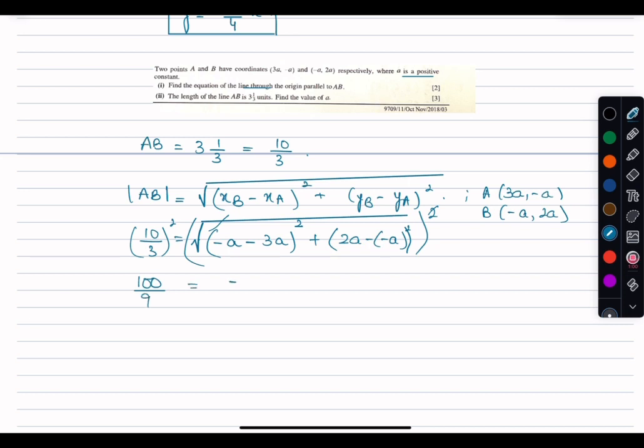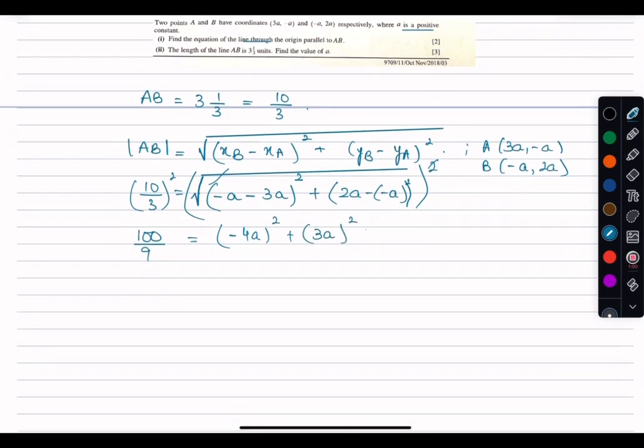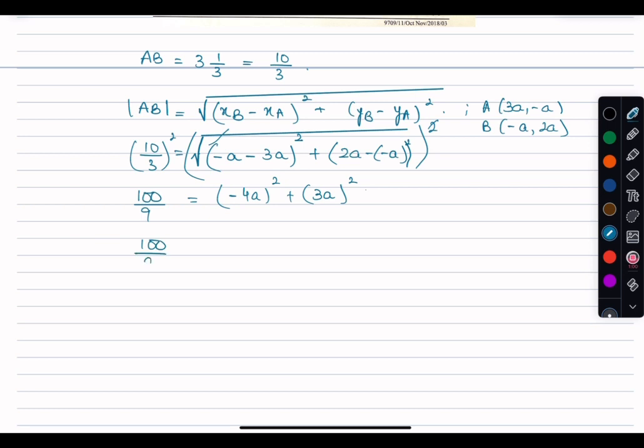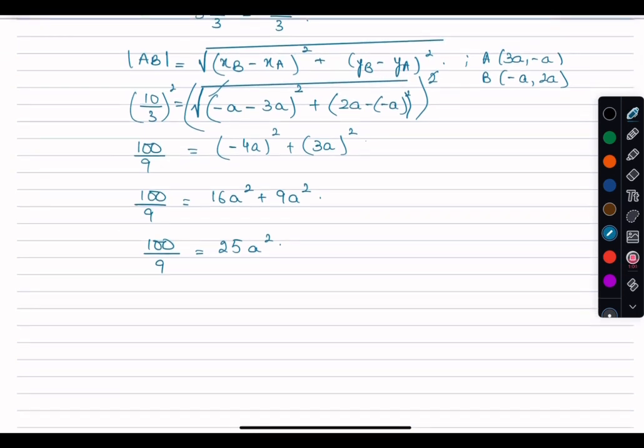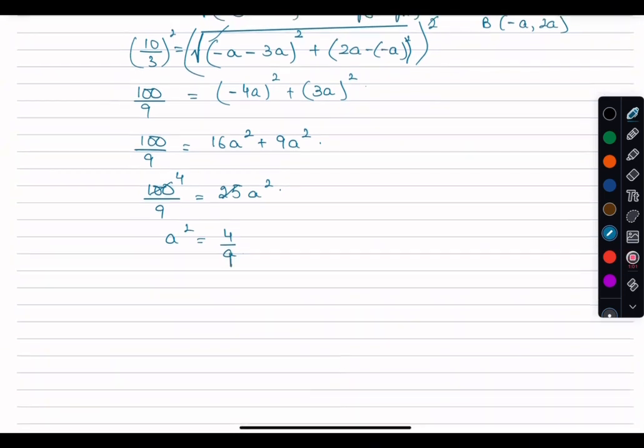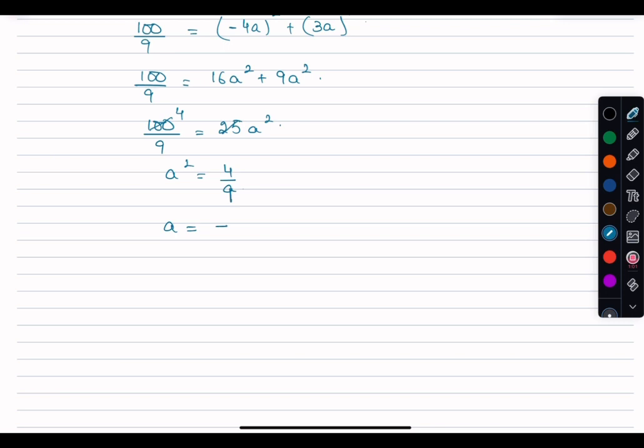That equals (negative 4a) the whole squared plus 2a minus (negative a), that gives me (3a) the whole squared. So 100 by 9 equals 16a squared plus 9a squared, which is 25a squared. Dividing 100 by 25 gives 4, so a squared equals 4 by 9, or taking square root on both sides, a equals plus or minus 2 by 3.